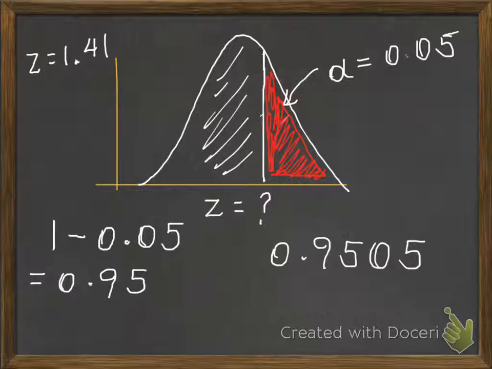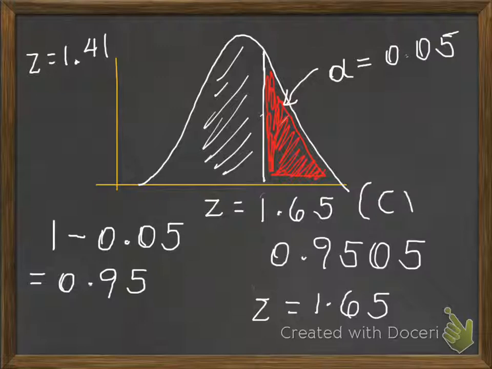And that corresponds to a z-score of 1.65. So that is our target z-score, 1.65. It's on the border of the critical region, so that's our critical value that we're looking for. Z equals 1.65. We only have one critical value because this is not a two-tailed test, it's a right-tailed test.